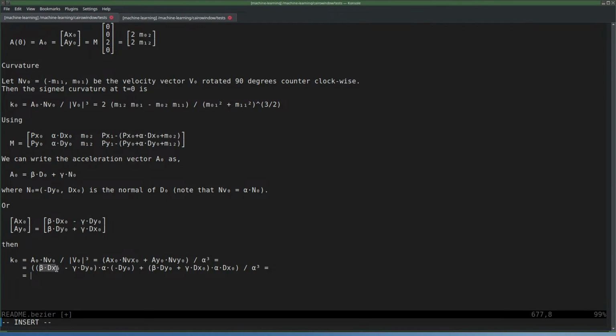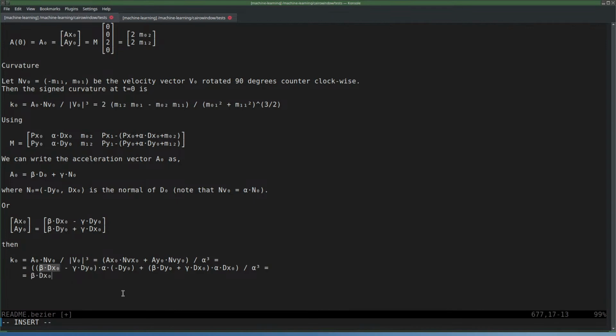So here we have beta dx0 times alpha times dy0 with a minus. And I have plus beta times dy0 times alpha times dx0. Yeah, that's gone. Now let's go slow.